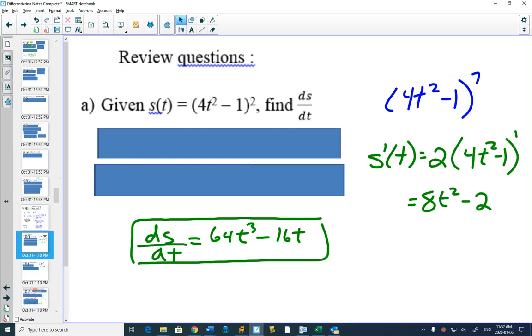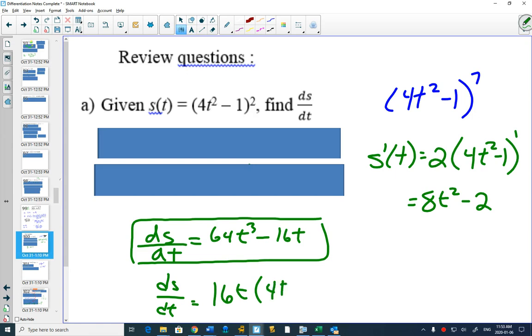In fact, let's factor this and see what we could take out as 16t, leaving us with 4t squared minus 1. So something went wrong with this and this.